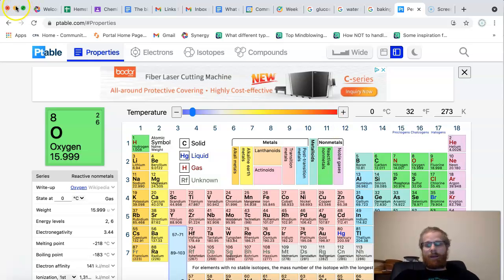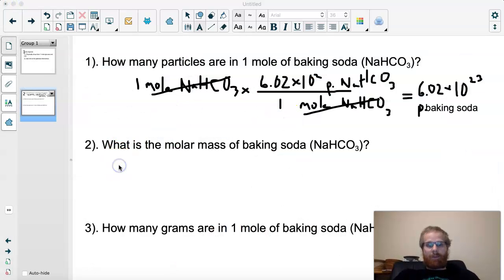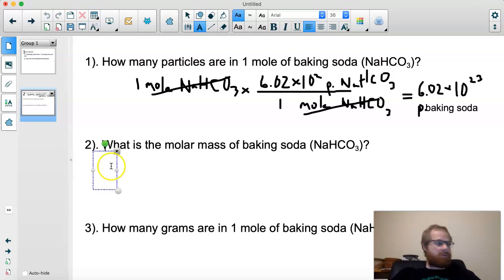So we can go ahead and add those numbers up. It's always important to show our work, so go ahead, show your work, and see if you can determine the molar mass of baking soda. And we'll see if you're right. Good luck.